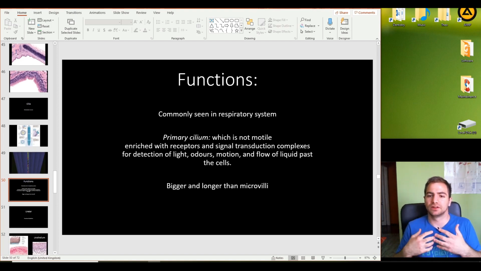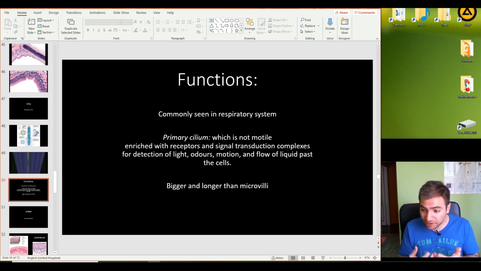So the primary cilium. This is a very similar structure to the cilia. The term kinocilia is better used to show that these cilia are mobile. Kino again means movement, production of movement. So we also find the primary cilium. That's why I don't really prefer the term cilia.